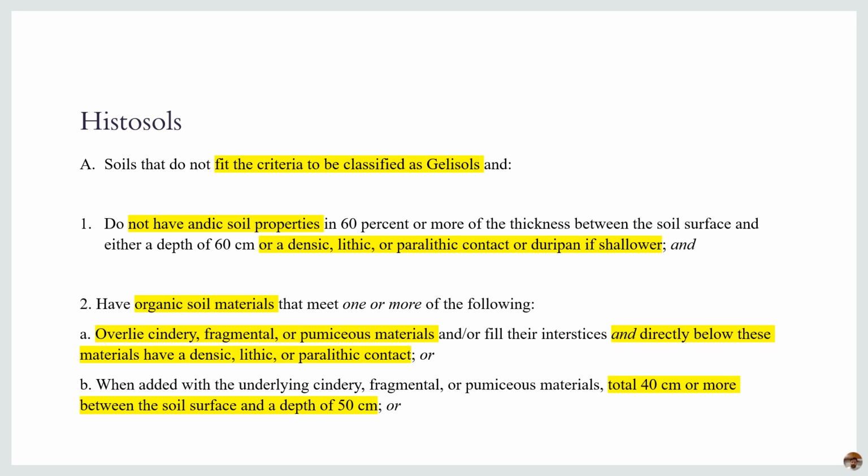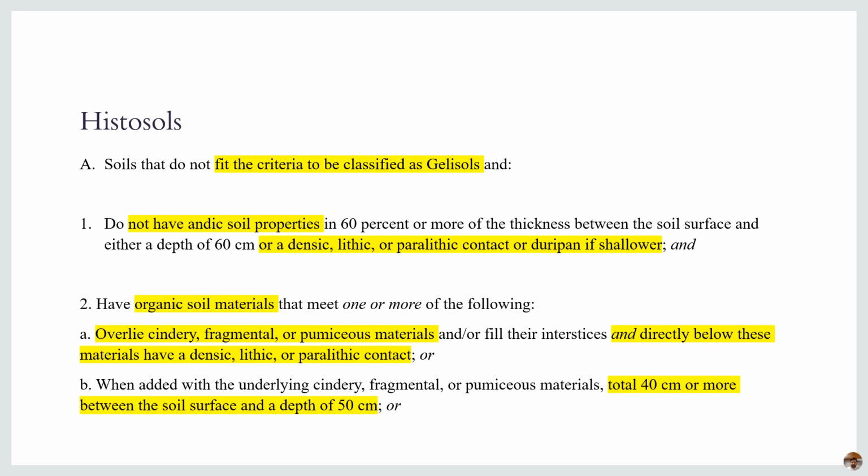So we need to find below this organic material with ash a horizon or layer that expresses very low weathering.